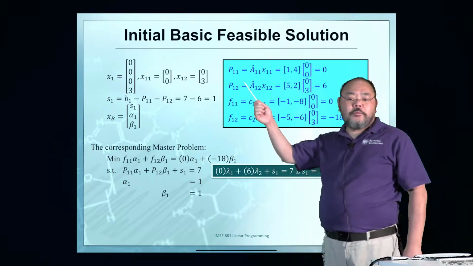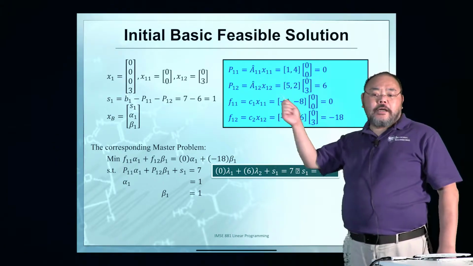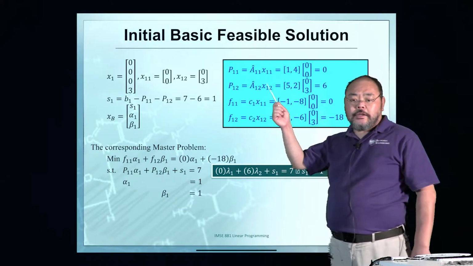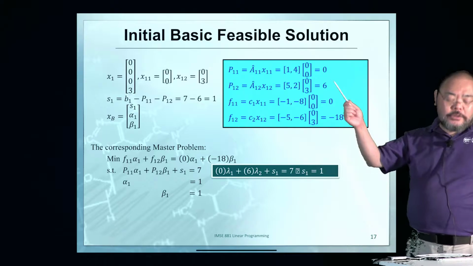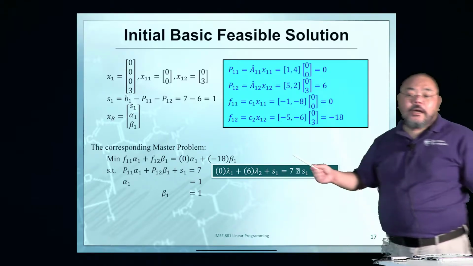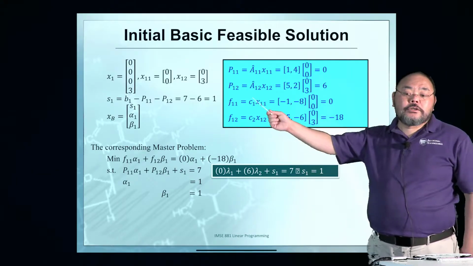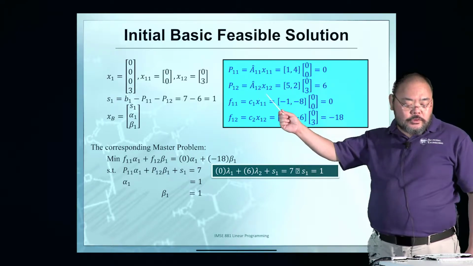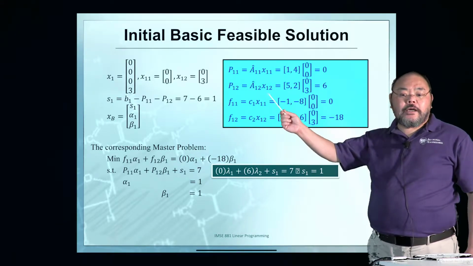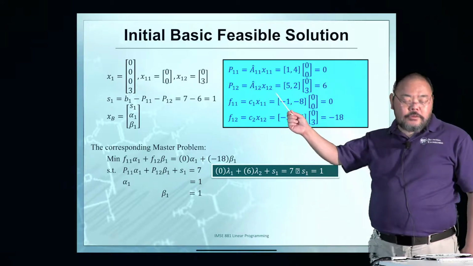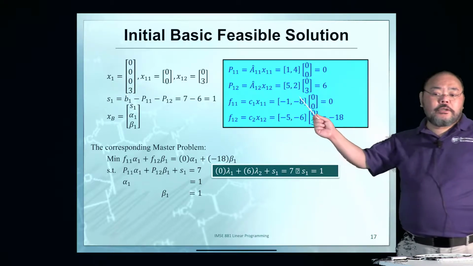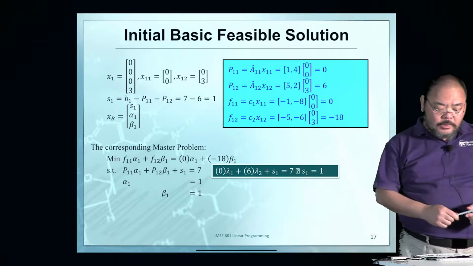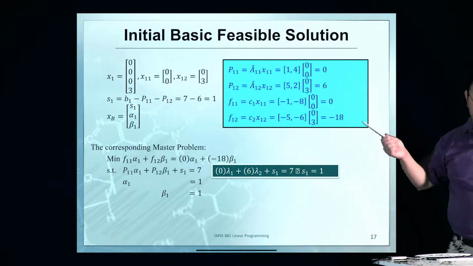What is P11? P11 is the A11 portion times X11, involving only X1 and X2, which equals 0. P12 equals A12 times X12, which involves only X3 and X4, so 5, 2 times 0, 3, where 0, 3 is the current solution.